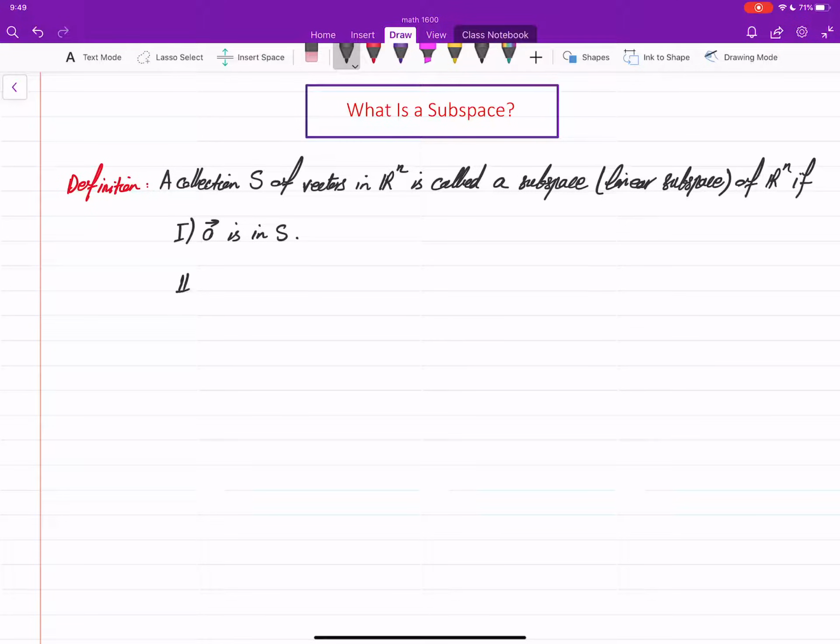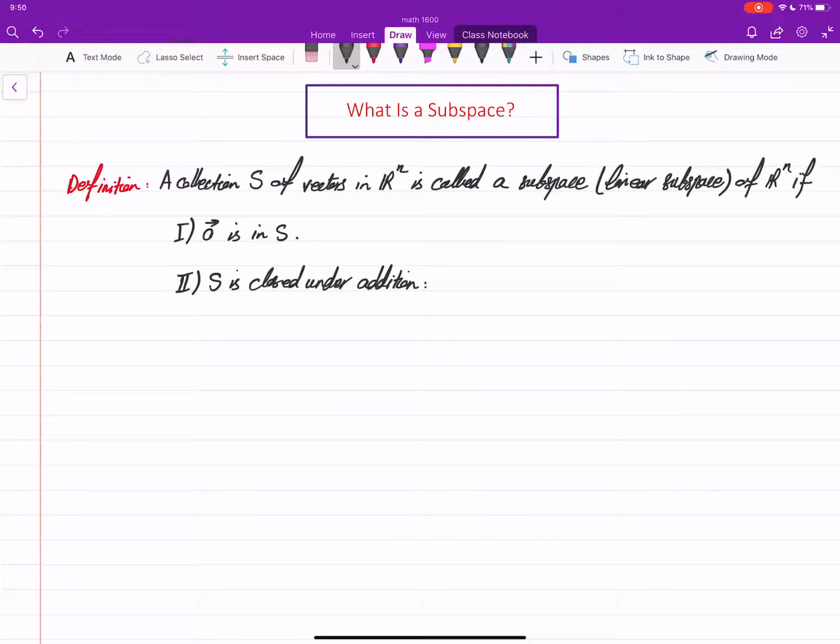The second one is that S is closed under addition. What does it mean, being closed under addition?